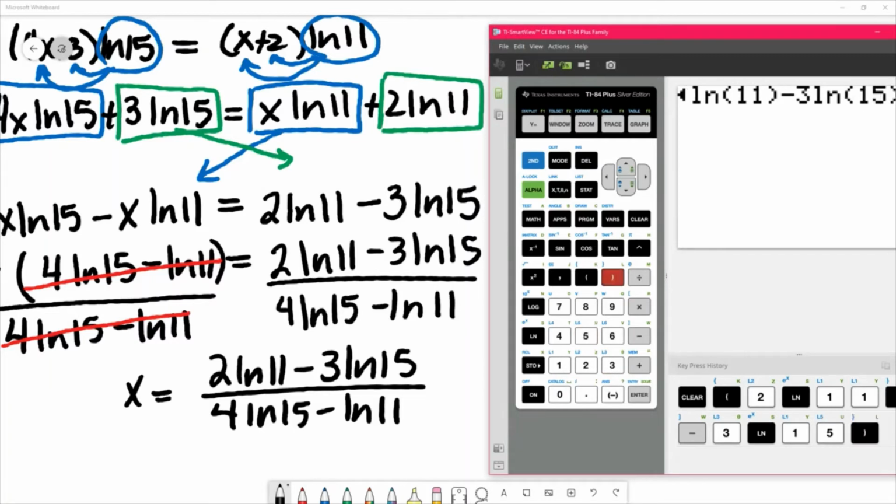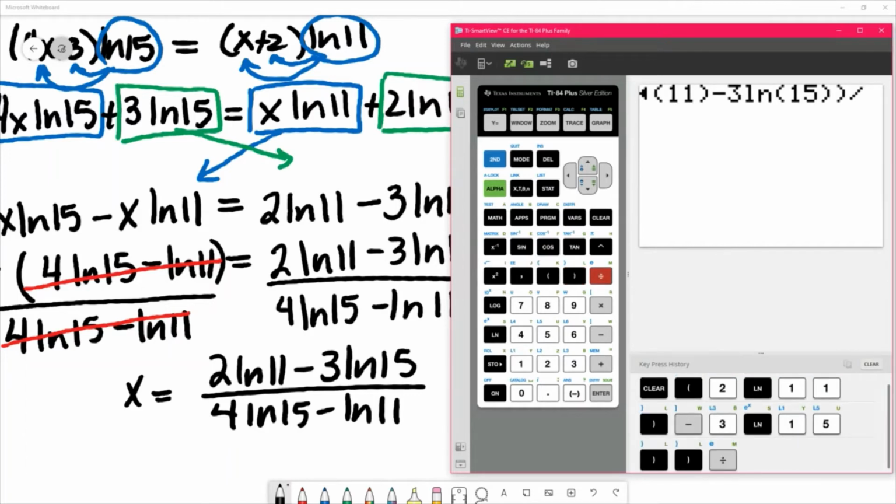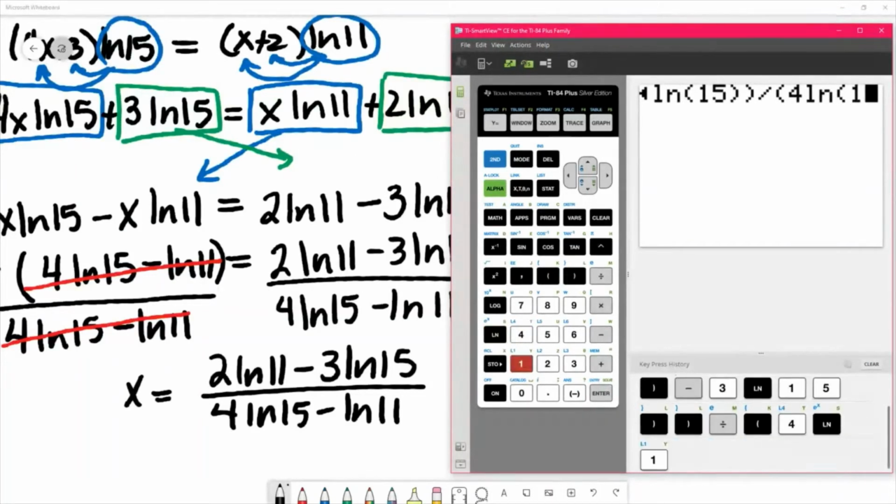I need to close parentheses for the log and also close parentheses for the numerator. Then I'll divide. I also need parentheses around the whole denominator. So parentheses 4 natural log 15 minus natural log of 11.